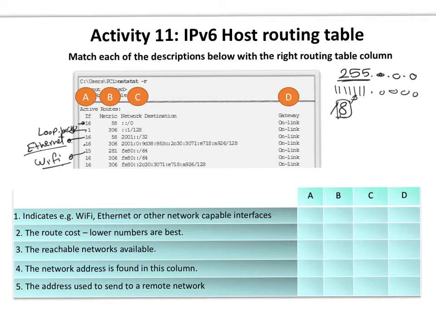differentiation between the IP version 6 host routing table and the IP version 4 host routing table: the interface is represented using a number or an ID to refer to the access technology or loopback which we have. And the gateway is actually the same column like the gateway.